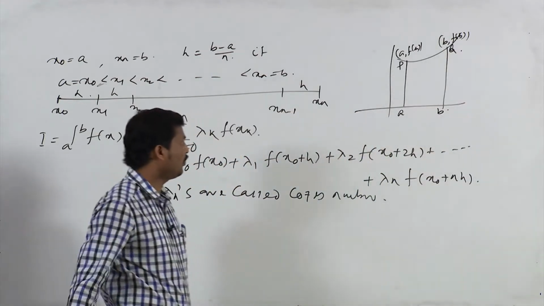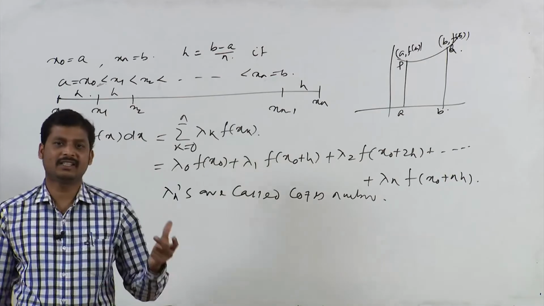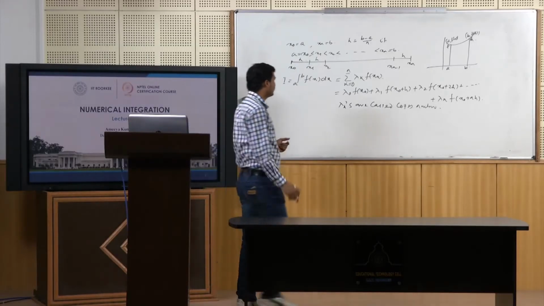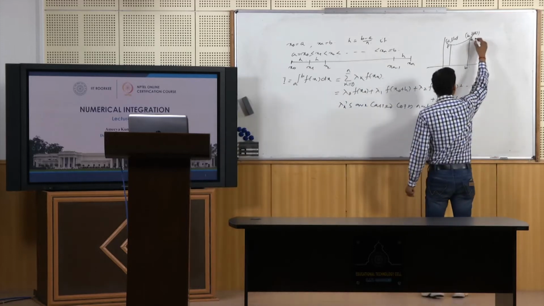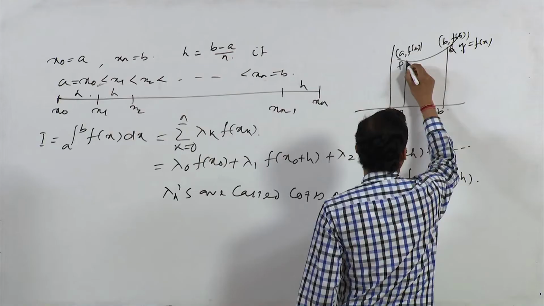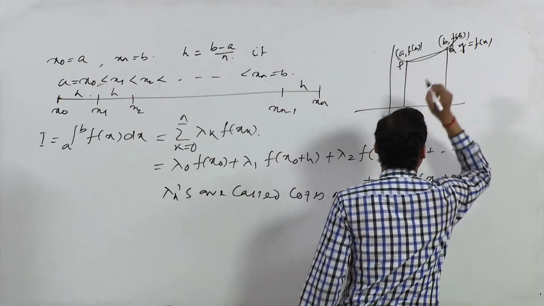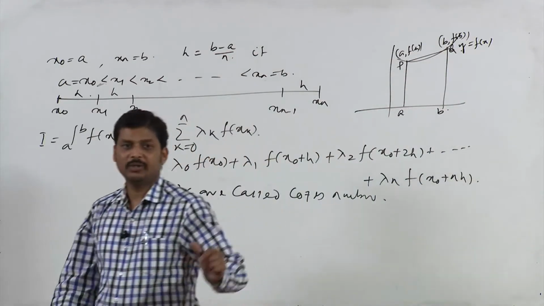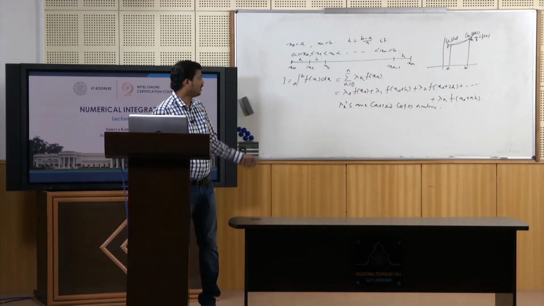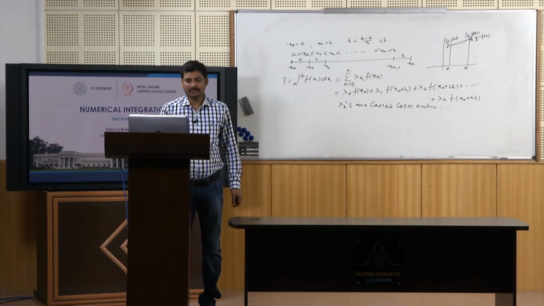If we want to find this area, or this integration from a to b, with the function bounded by this curve y equals f(x) here, then we can estimate this area by a trapezoid. Then we can evaluate this integration in a complete form here.